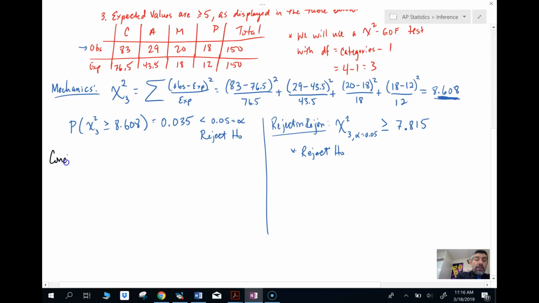All right, so this is our conclusion. If we found the p-value, we're going to say, since the p-value of 0.035 is smaller than the alpha level, we reject the null.